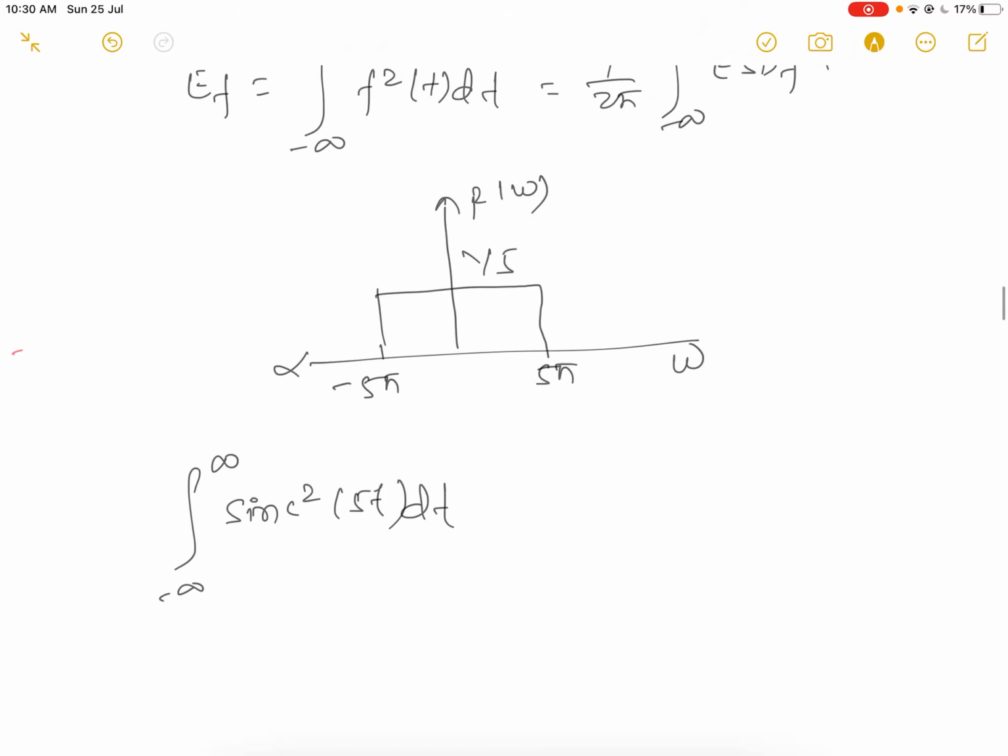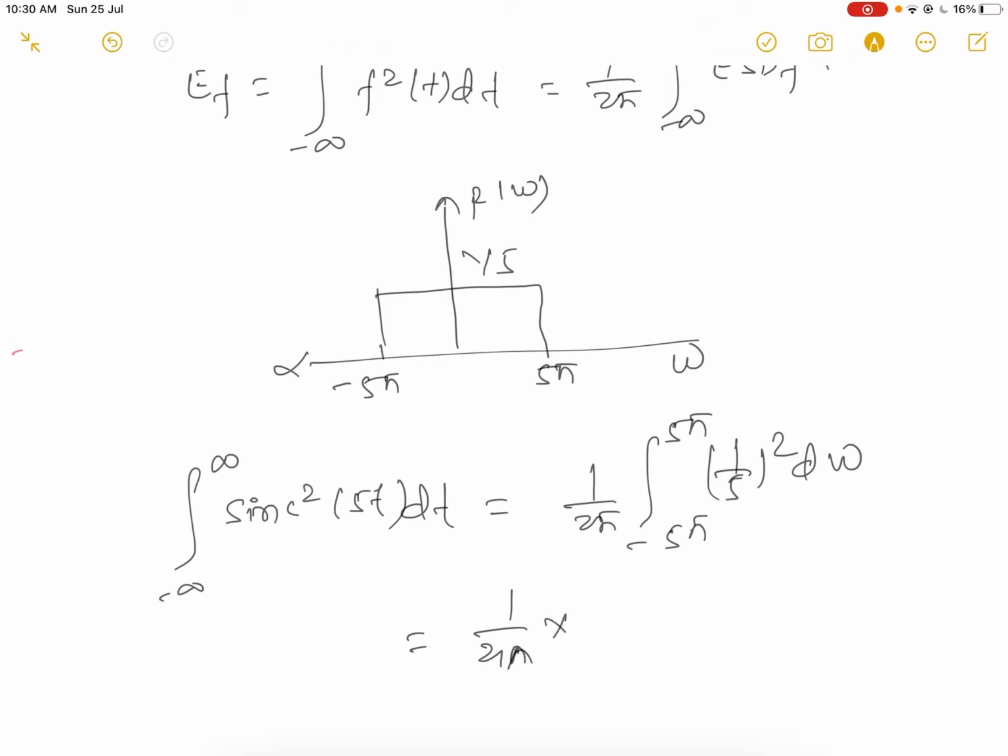So the integral from minus infinity to infinity of sinc square 5t dt is equal to 1 upon 2 pi, from minus 5 pi to 5 pi, 1 by 5 square d omega. Then it becomes 1 by 2 pi into 1 by 25, and when you take the integration, it will be omega with limits minus 5 pi to 5 pi.